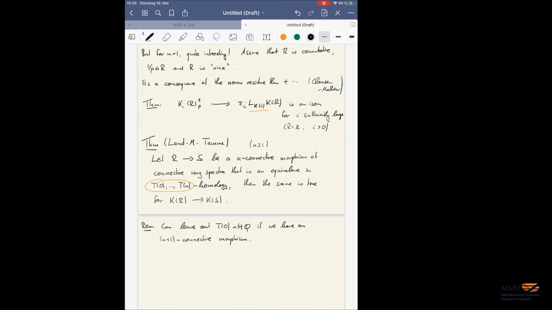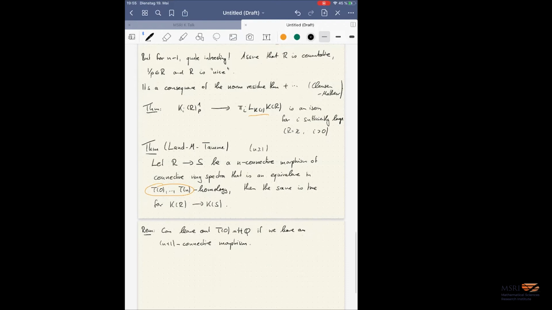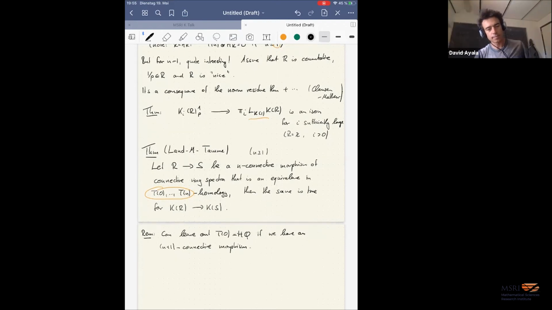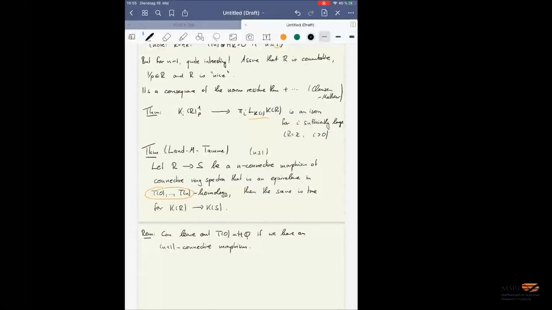Okay, so I should be a little bit more precise here, because here I don't say anymore that everything is implicitly p-localized. So R and S don't have to be p-local, this is not necessary. But this T(0) to T(n) depend on a fixed prime p.